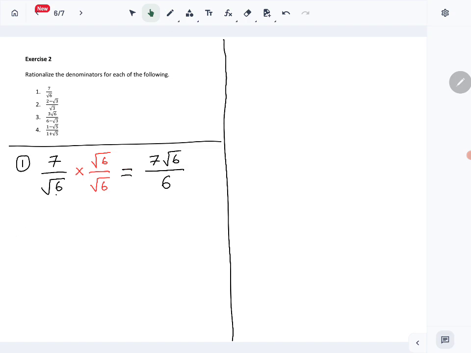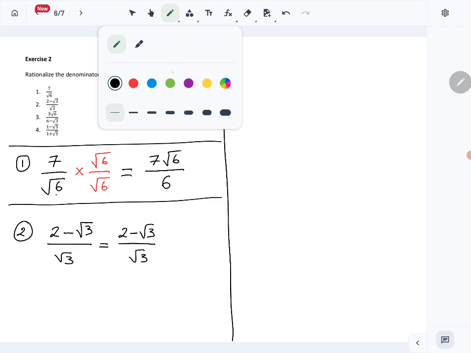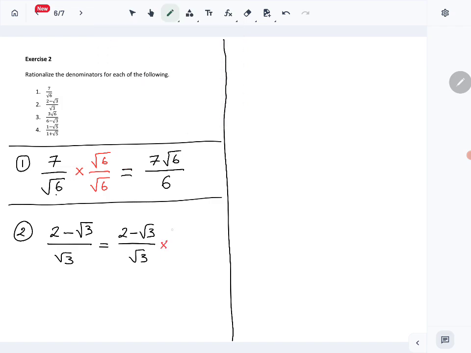Then let's look at the second one. Second one is similar. So what you need to do? So we want an equivalent expression. So again, denominator is made up of one term. So then you multiply both the denominator and the numerator by that term. That's all.